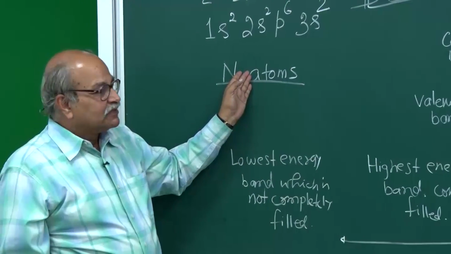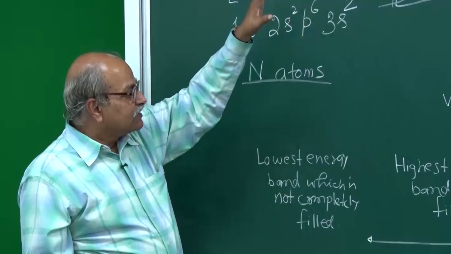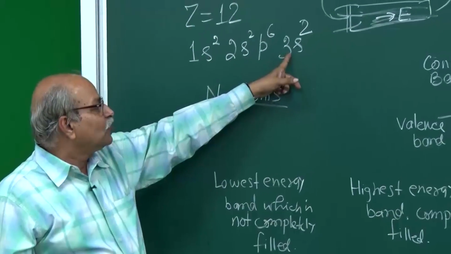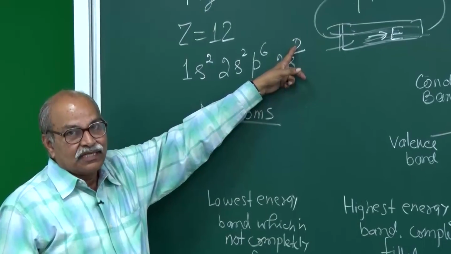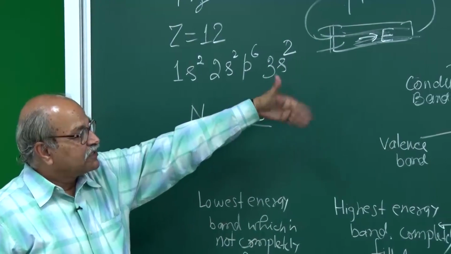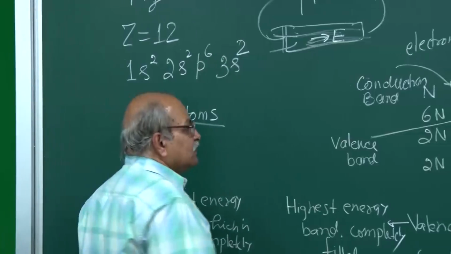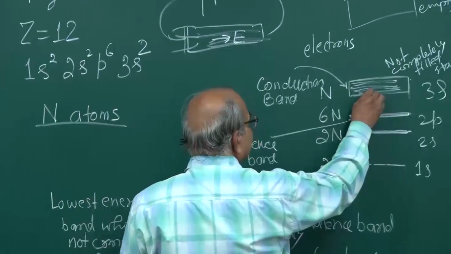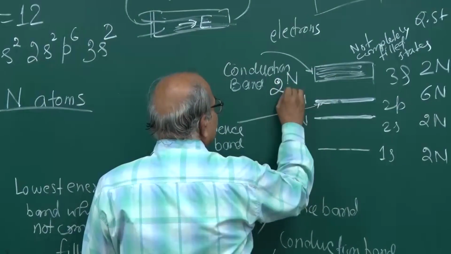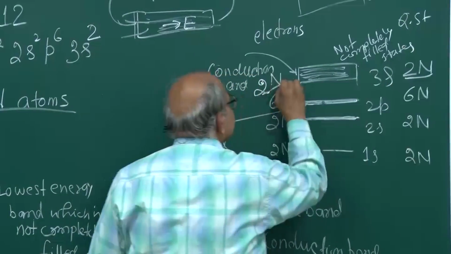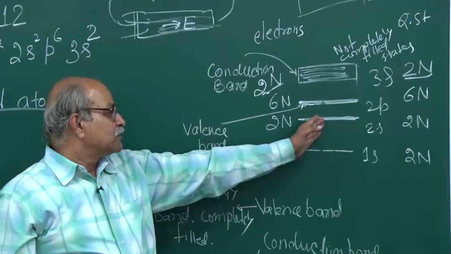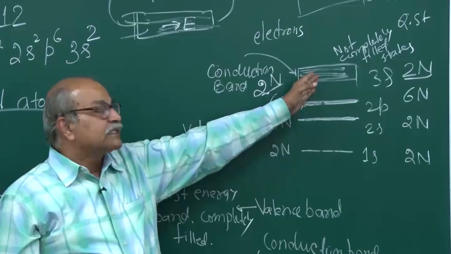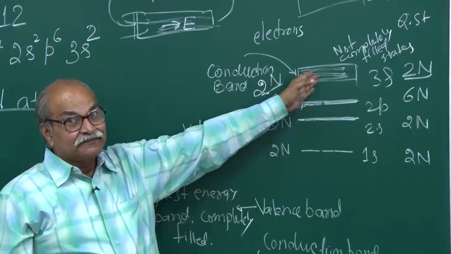So what will happen? You have those bands, and now for 3s also, for each atom you have 2 electrons. That means after this splitting and all that, this also has 2n electrons and 2n quantum states. So this is completely filled, this is completely filled, this is completely filled, this is also completely filled.